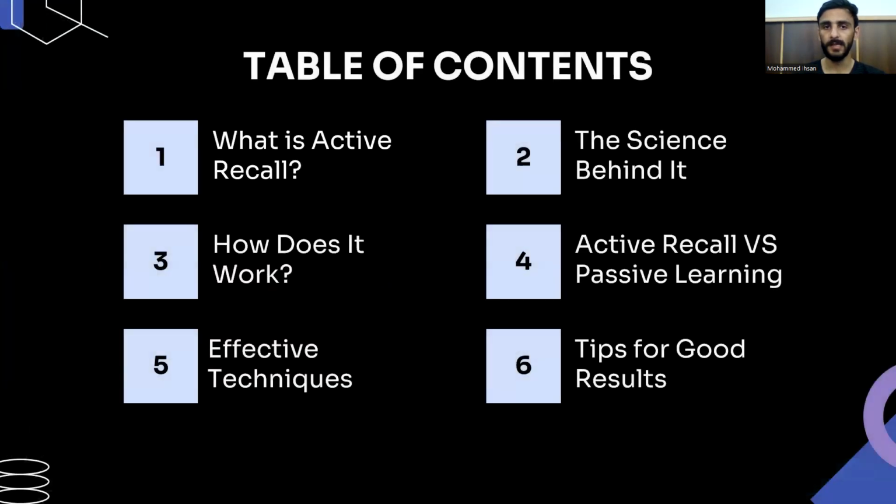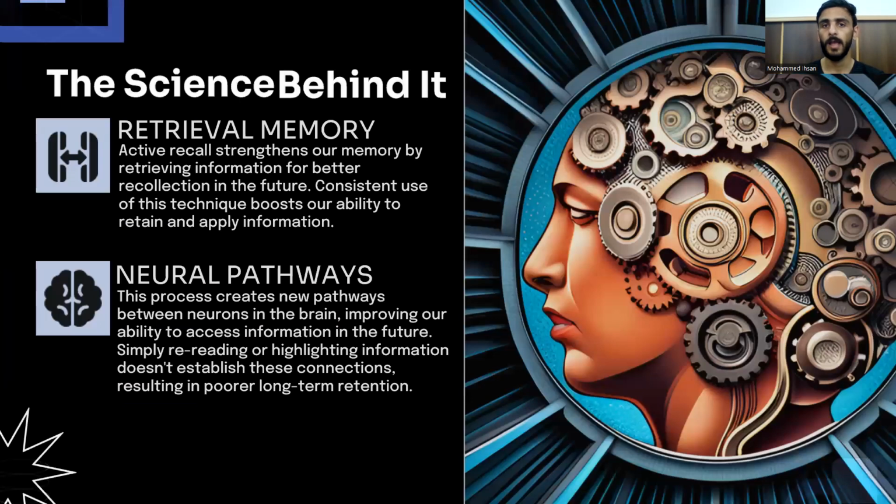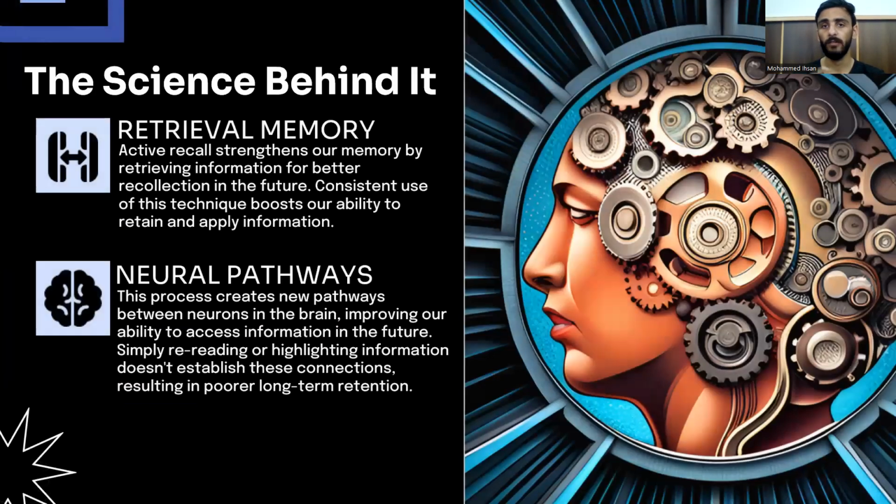So, what is the science behind active learning? Well, it's very fascinating how the brain works behind active recall and its impact on our learning. Basically, active recall involves actively retrieving information from our memory, strengthening neural connections through a process called synaptic plasticity. This creates a robust network in our brain, enhancing our ability to access and apply knowledge.